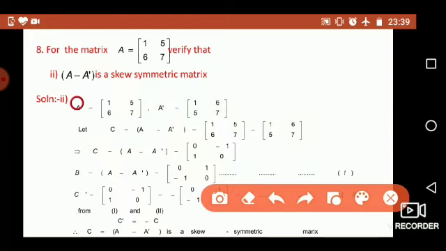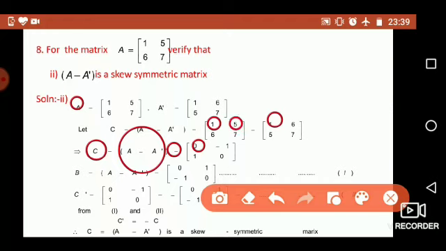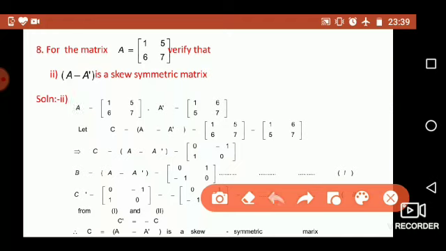Therefore, we get the matrix C equal to A minus A dash, which is 1 minus 1, it gives 0, 5 minus 6, it gives minus 1, 6 minus 5, that gives 1, and 7 minus 7, it gives 0. Therefore, we have the new matrix C, containing the elements 0, minus 1, 1 and 0.